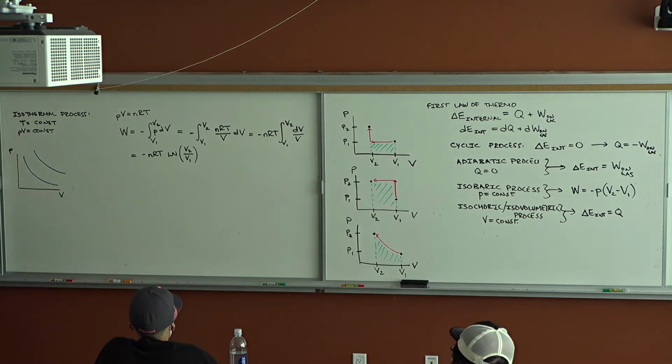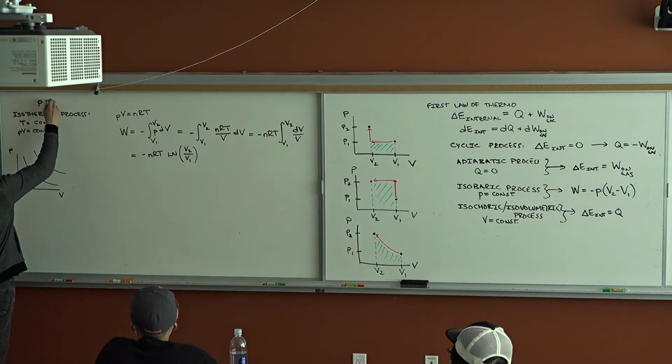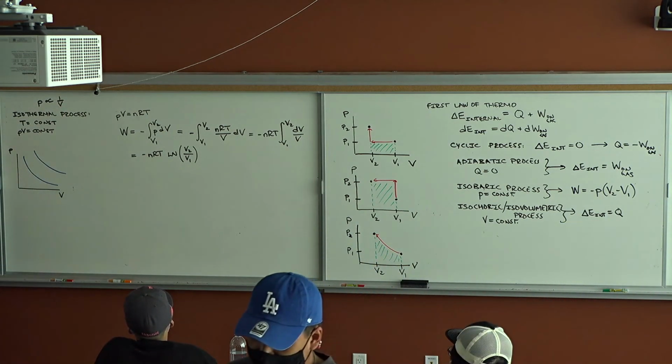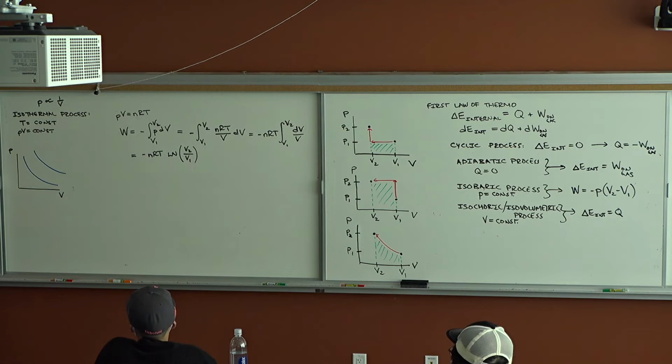So P times V equals a constant. What does P against V look like? Like a hyperbola? Well, does it stand to reason that P is at least proportional to 1 over V? So it looks something like a 1 over x plot, right, in this first quadrant. It looks a little bit like what I drew.